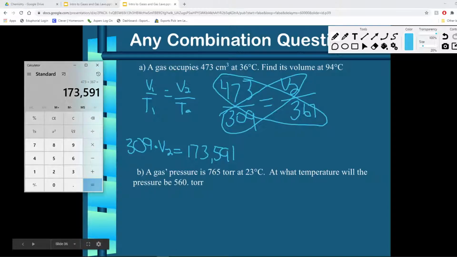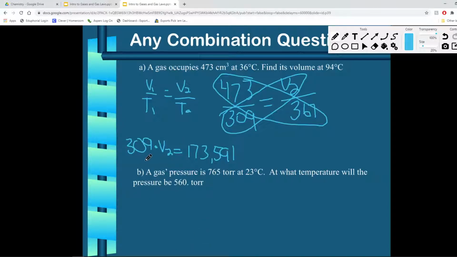And then to get V2 by itself, we're dividing both sides by this 309 to cancel it out.